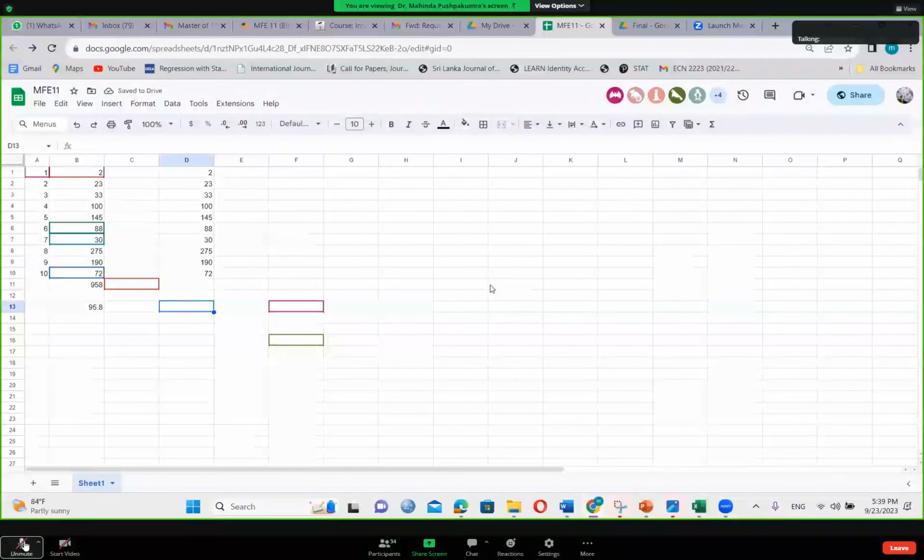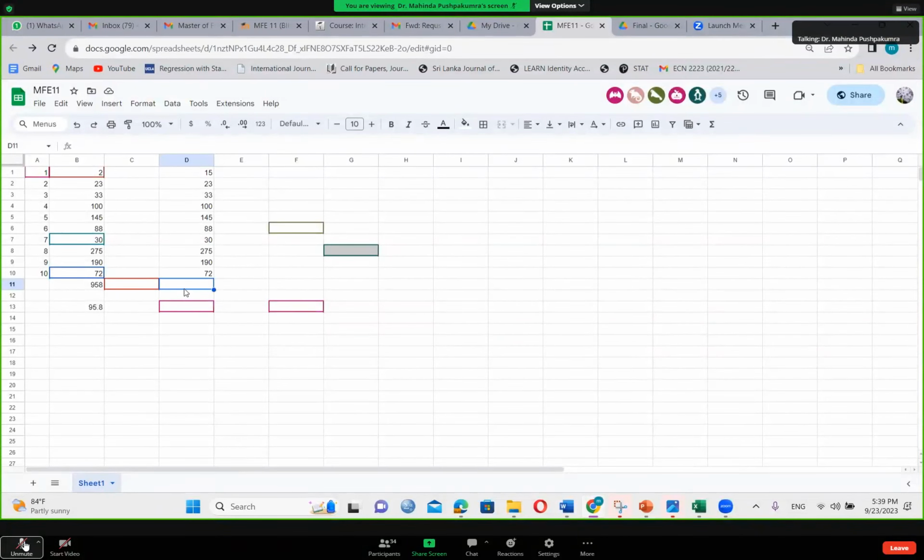While we are doing the lecture, others can also enter their information into this column. Then at the end, we can see how the confidence interval works, and to what extent it is a correct statement. It is my request. It is better if others can also enter their information into this sheet while we are doing the lecture.